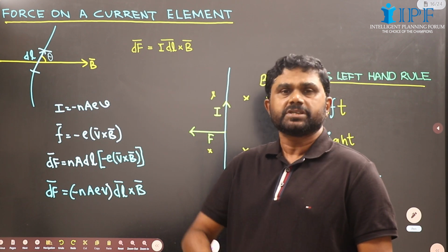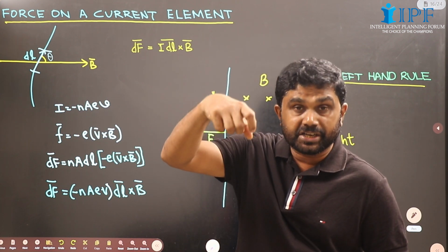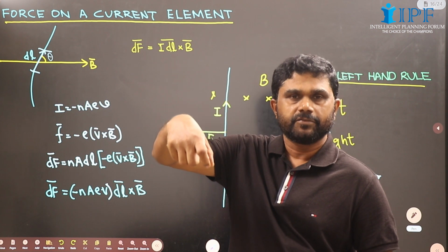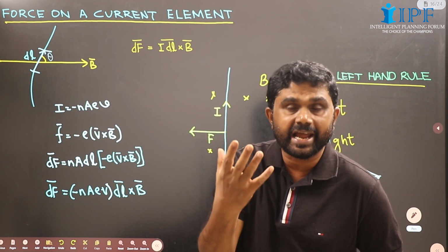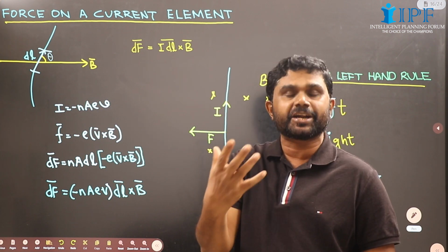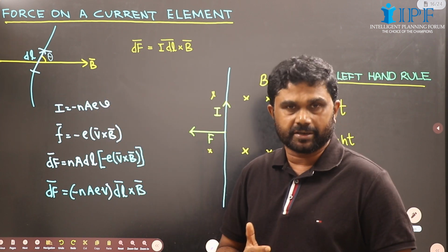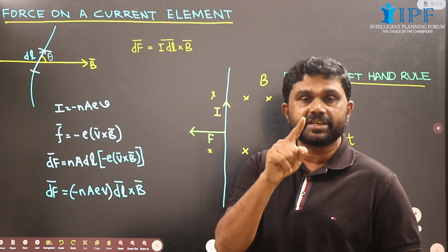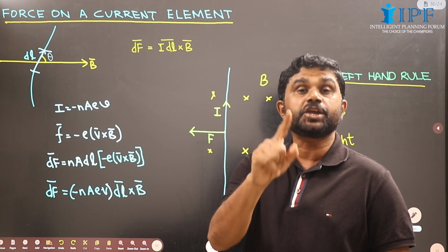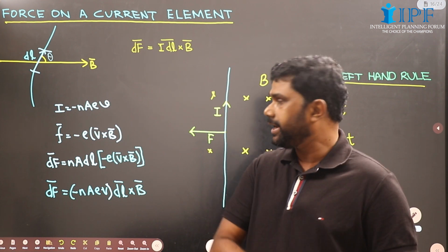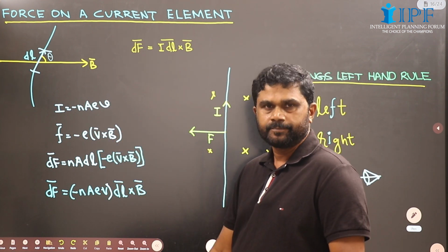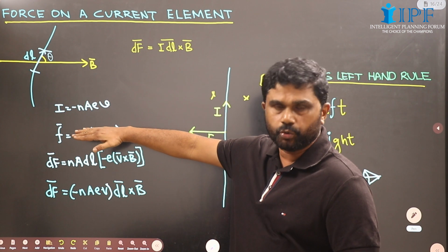Now see, if the electrons are drifting through the conductor with a velocity v, as that conductor is lying in a magnetic field, these electrons are moving through a magnetic field. So those electrons will experience a force, and it is given by q v cross B. Here the charge of the particle will be minus e. Okay, so minus e v cross B. This is the force on each electron.